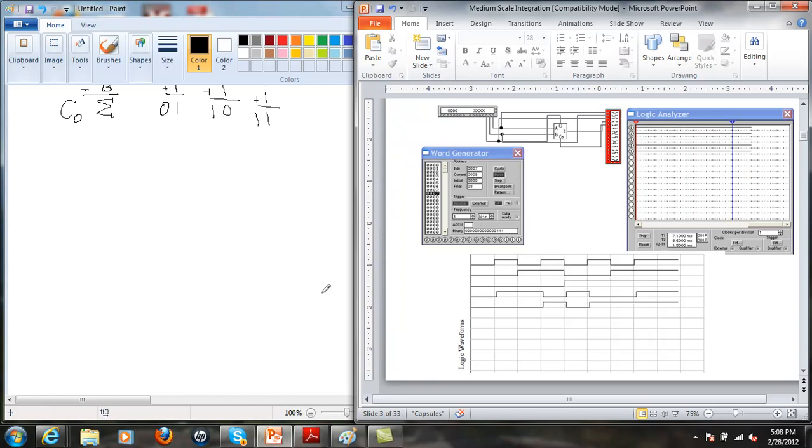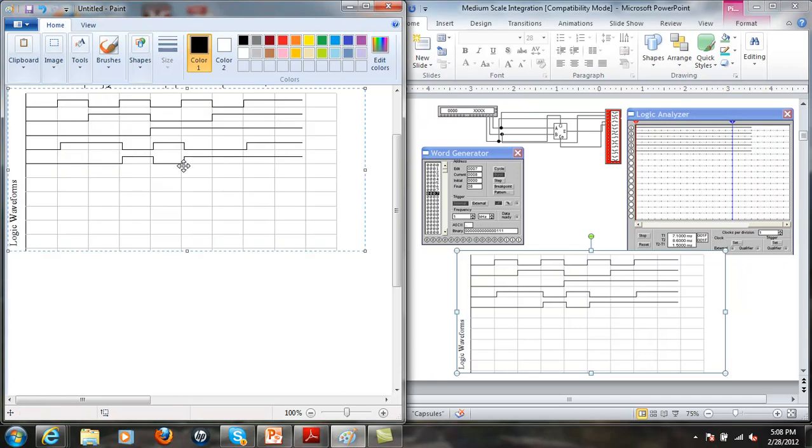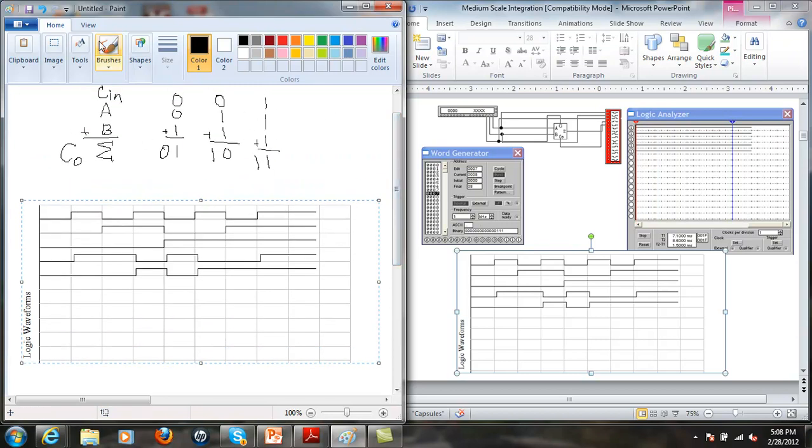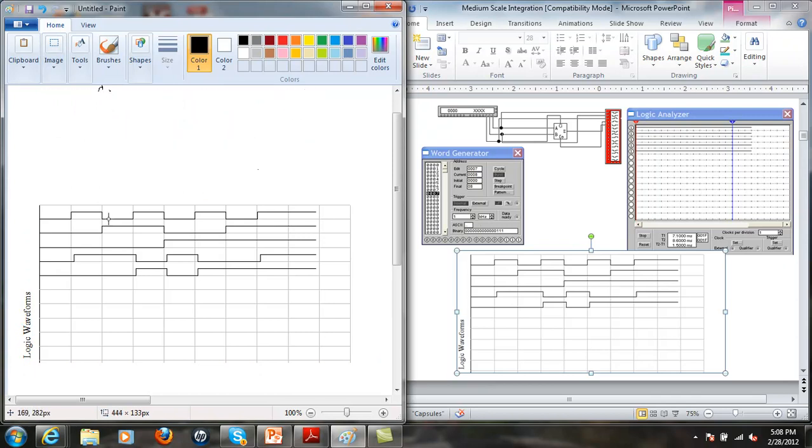I did this in a previous version of Multisim, but if you have a timing diagram for this chip, it's similar to what you might look at on Quartus if you were simulating the inputs. So this might be my A, B, carry in, and then sum, and then carry out.